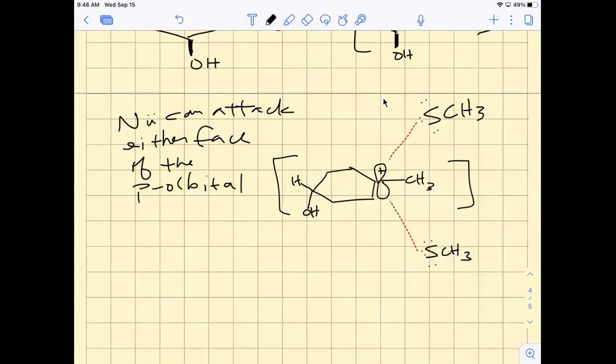Right, so the fact that that nucleophile can attack either face of that p orbital means you're going to get two products. It'll be a racemic product.